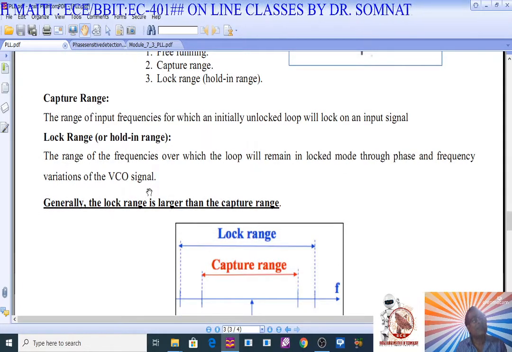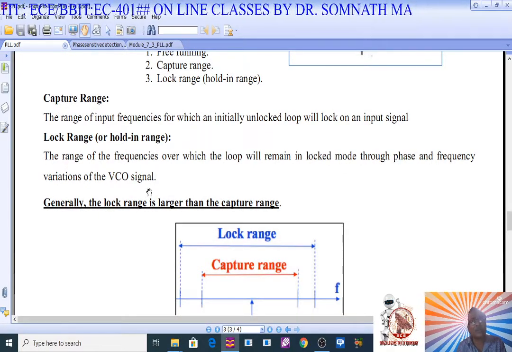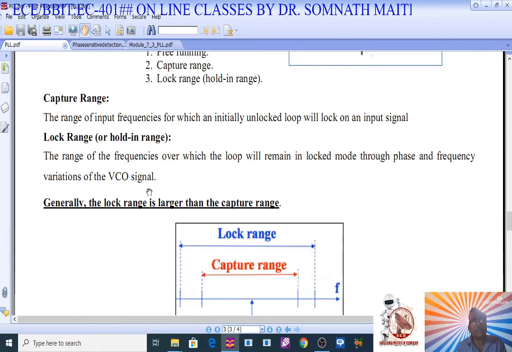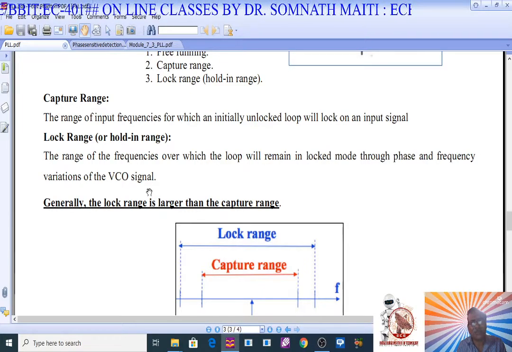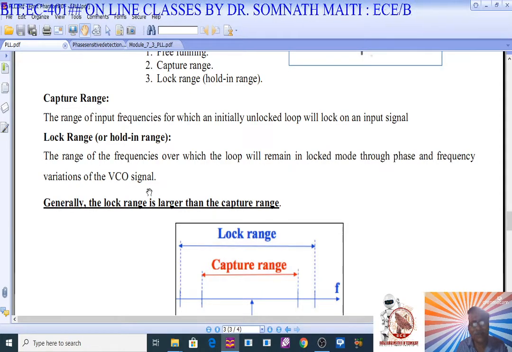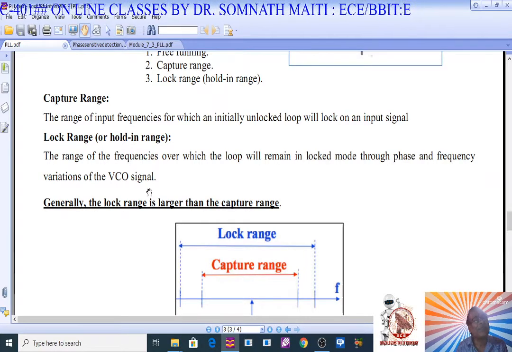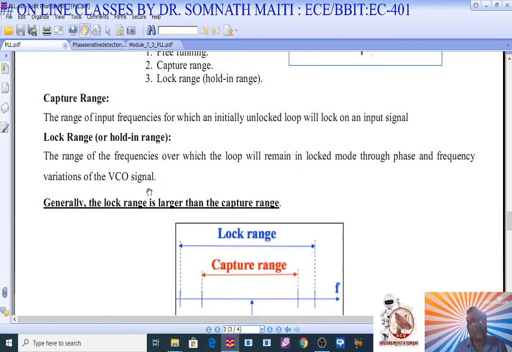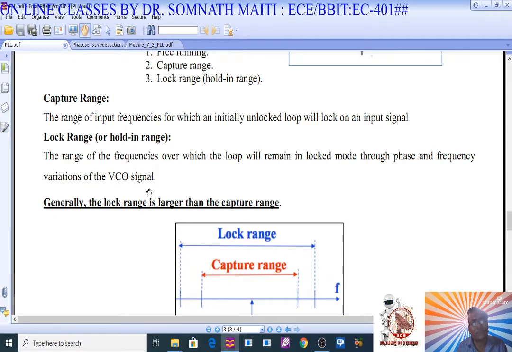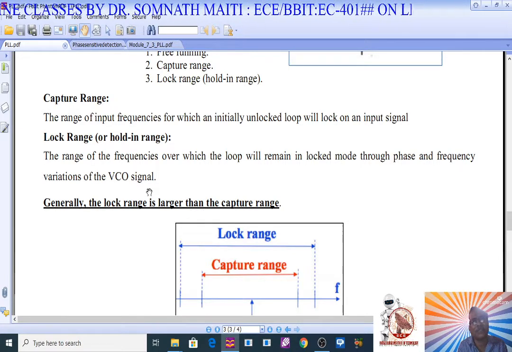Lock range. Now, once the police has got hold of the thief, it depends upon the strength of the police how long it will be able to hold the thief. Same thing. If the incoming frequency varies, the VCO frequency will remain matched with the incoming signal frequency.